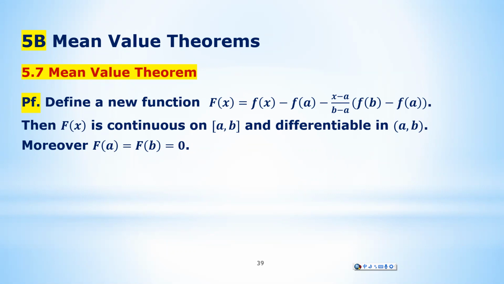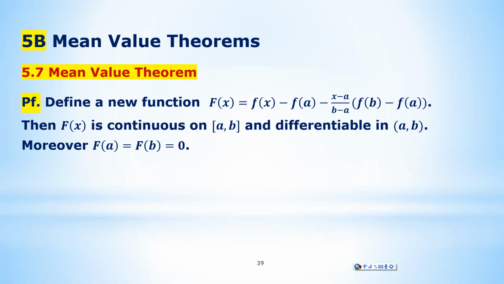For instance, if you plug in x by a, look at the right side: f(a) minus f(a) equals 0. Then in the second part, you have a minus a on the top, also equals 0. So the entire second part disappears. So F(a) must equal 0.